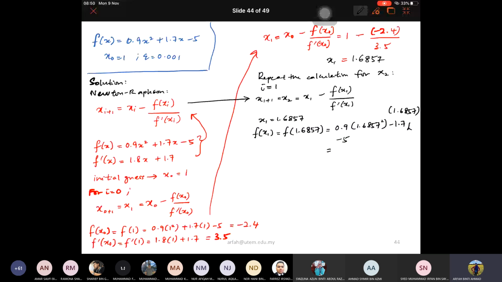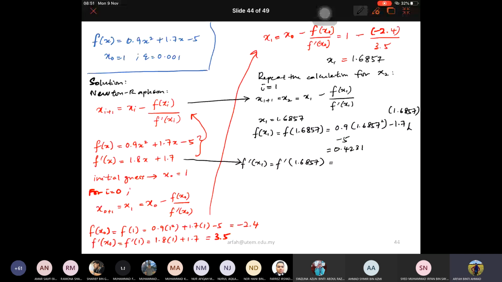Okay. So from here calculate your F prime X1 sama dengan F prime bagi 1.6857. Yang mana F prime awak adalah this equation. Masukkan dalam ni. So akan dapat 1.8 darab 1.6857 tambah 1.7.